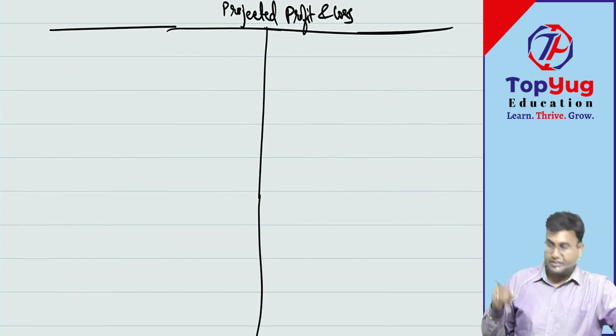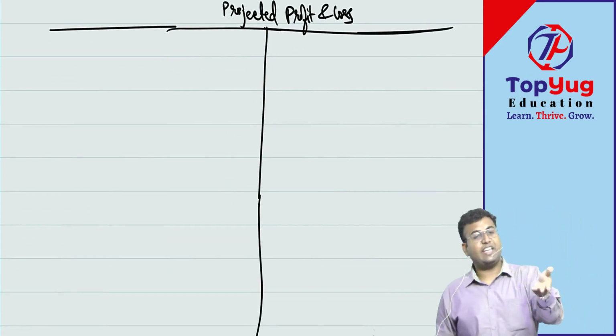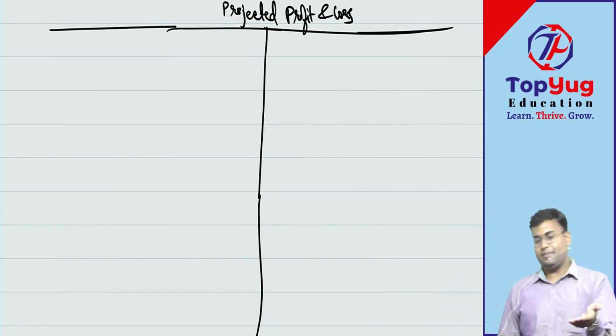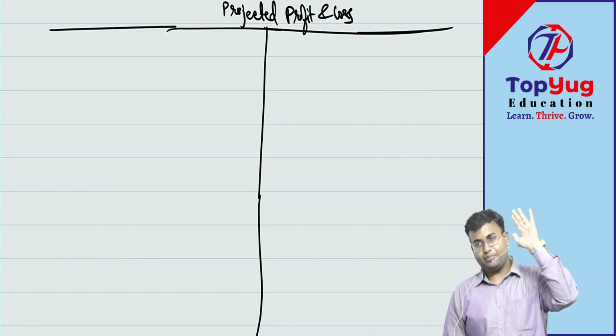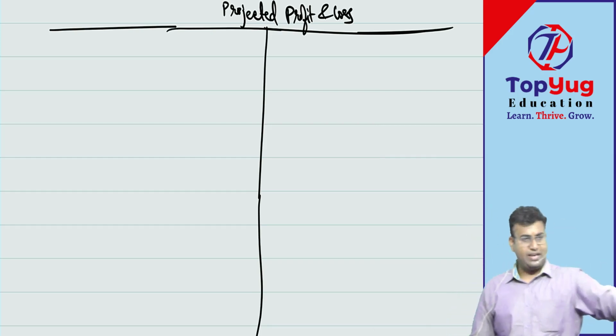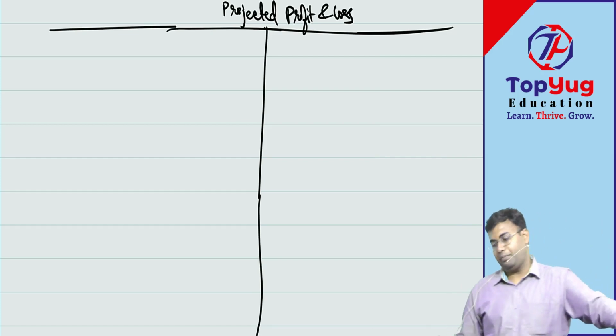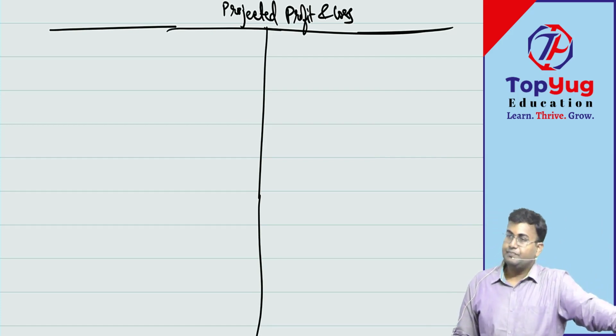So this should be on the first page, then first or second page, depending on how much space you are taking. Basically, one page you make the balance sheet. I am talking about the examination presentation. Second page you make the P&L, and third page onwards you basically start solving the problem. Okay? Are we all good?